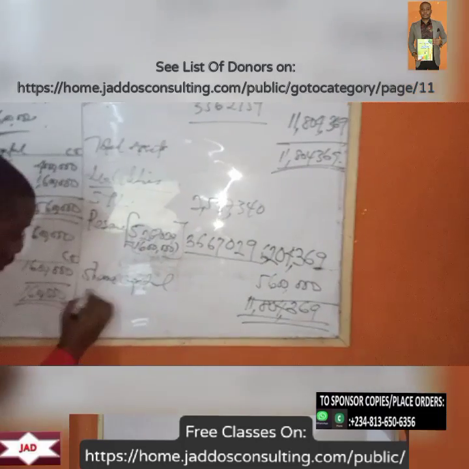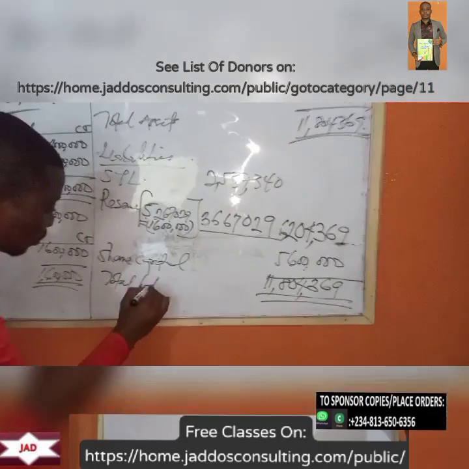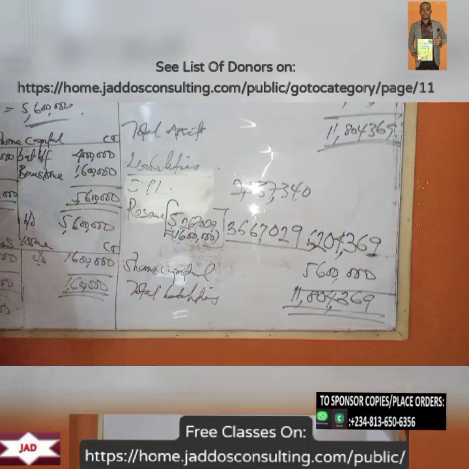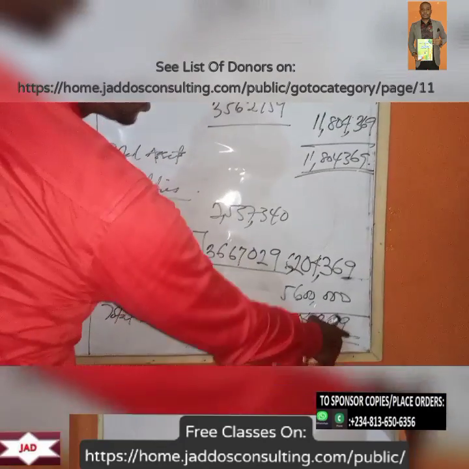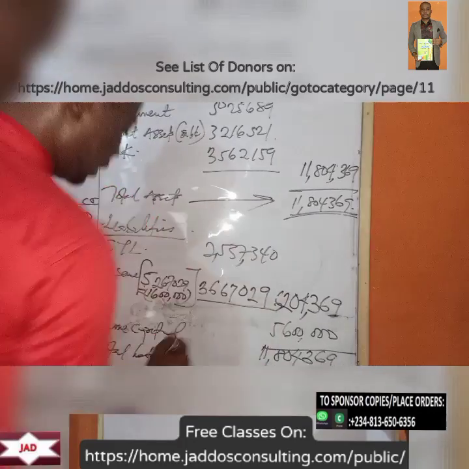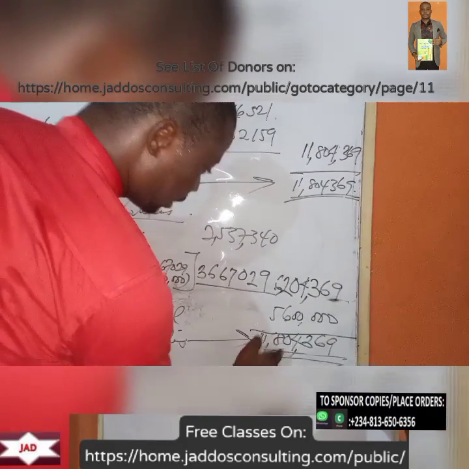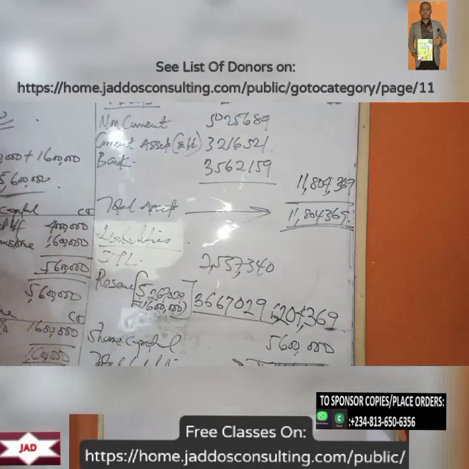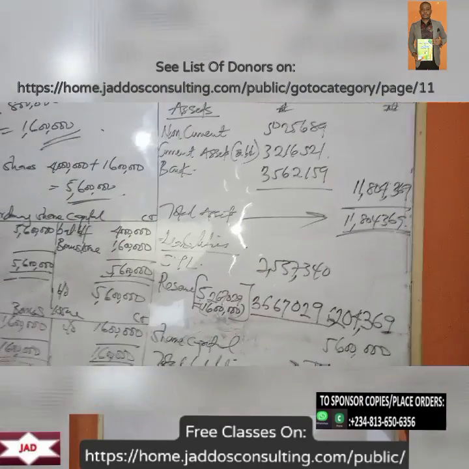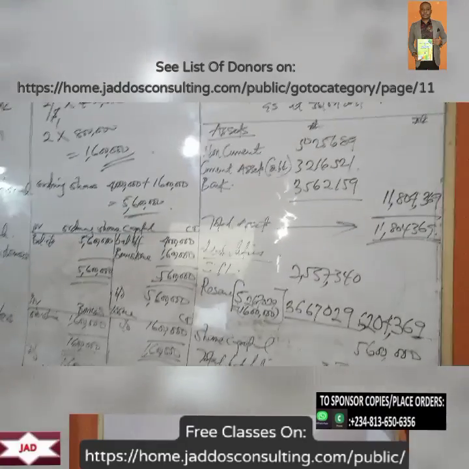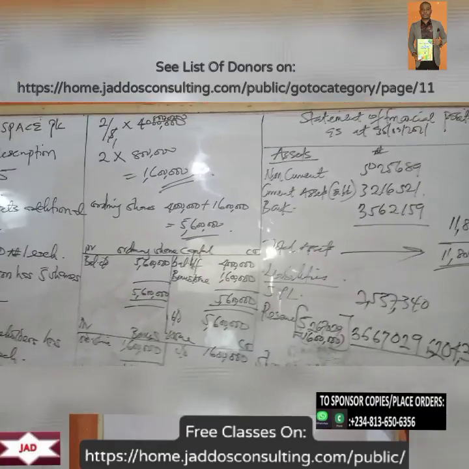So these are the total. You can see it's 11,804,369.